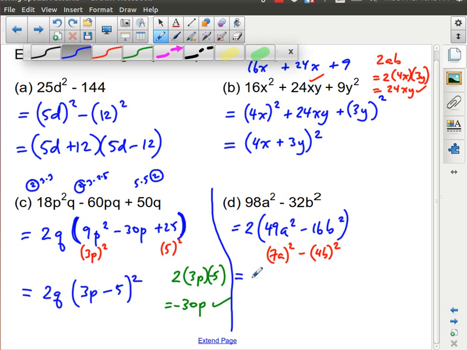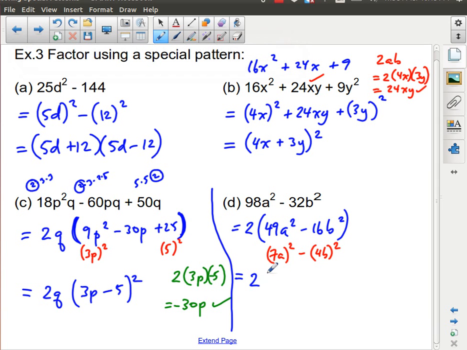So the 2 in front is because of this common factor. And then inside, I'm going to put a square bracket now to represent this whole thing. That can be broken down into 7a plus 4b, 7a minus 4b.